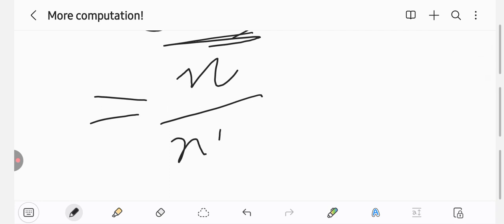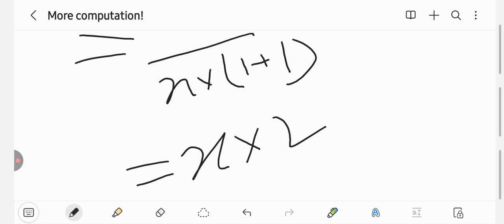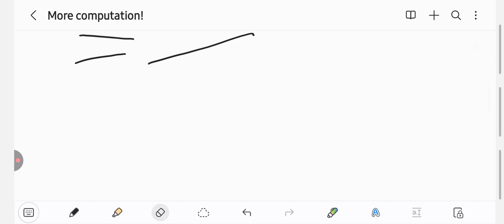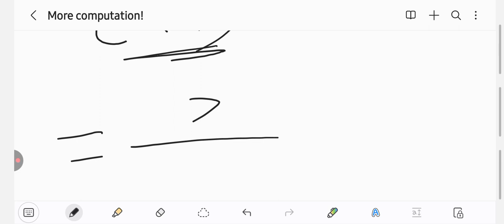Now I get x times (1 plus 1). Look, now I get x times 2. You can essentially say that's what it was already. Then why this much complication? But I'm just letting you understand it fundamentally, how it was actually done.